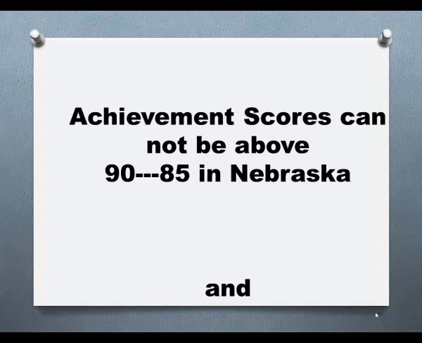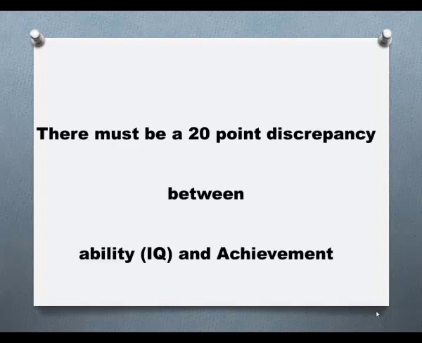And keep in mind that these achievement scores are tied to the same scale as an IQ test is, so that we can compare the two numbers. And there must be a 20-point discrepancy between your IQ and your achievement in order to verify with an LD using this method.